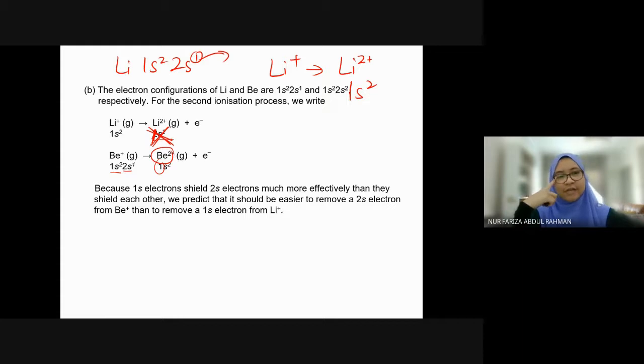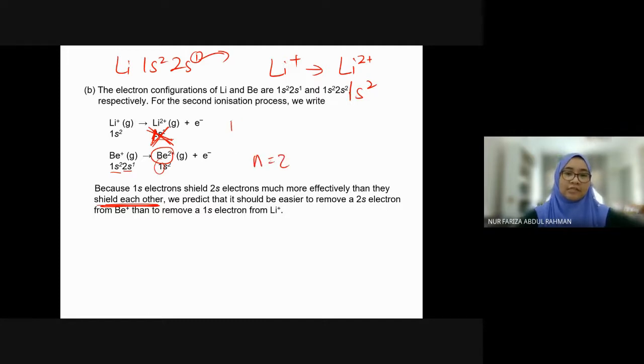Sepatutnya dia kena emphasize because kat sini dia cakap shield. Okay, shield maksudnya dia mention in terms of beryllium 2 plus has more electron than lithium 2 plus. Okay, ataupun you may shield maksudnya dia n is equal to 2 dekat situ.